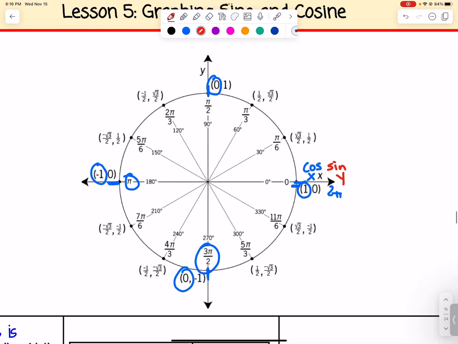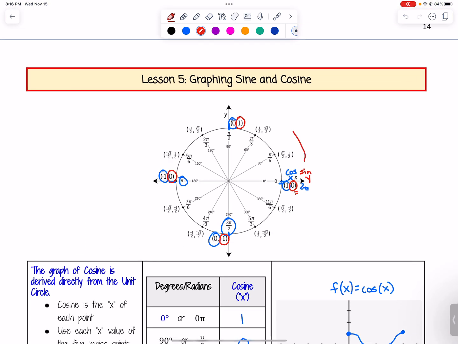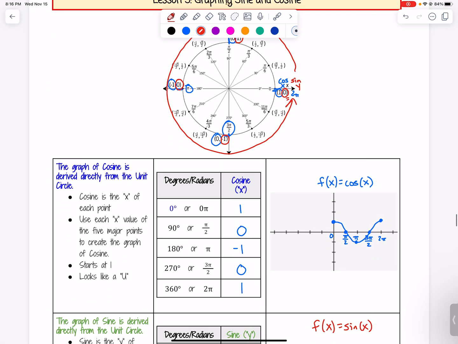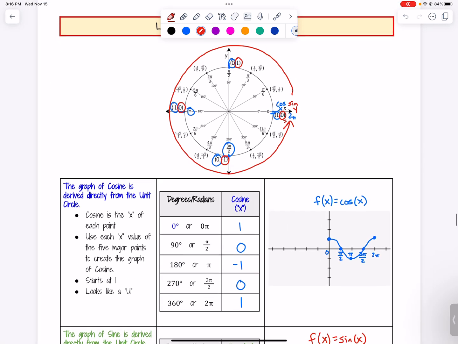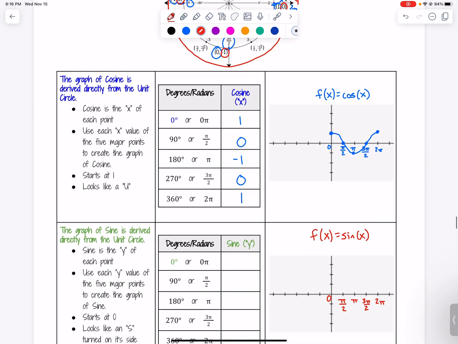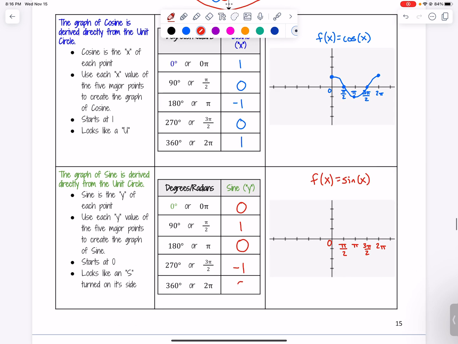So this time we just have to focus on the y value. So we're going to put 0, then 1, then 0, then -1, and then back to 0 again. Because that represents one full cycle of sine, our y values. Let's write that. 0, 1, 0, -1, and then we'll come back to 0.